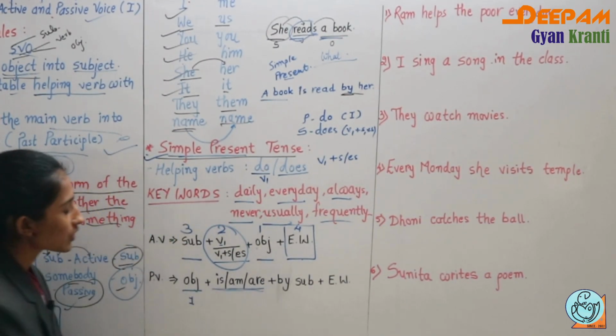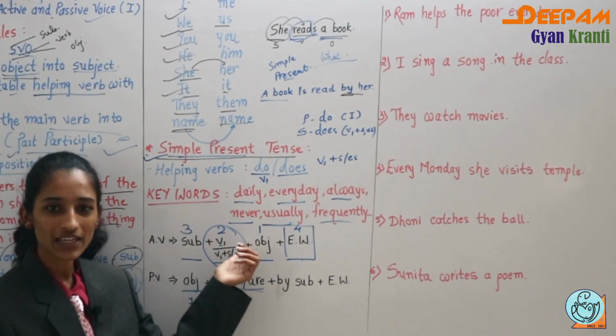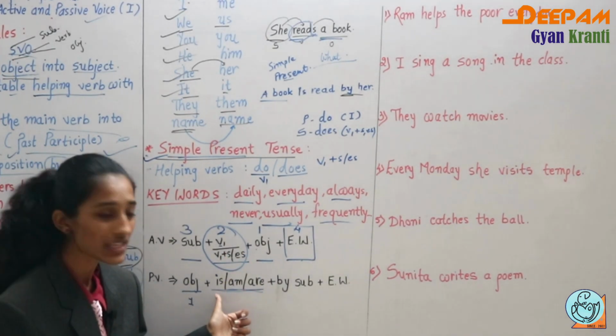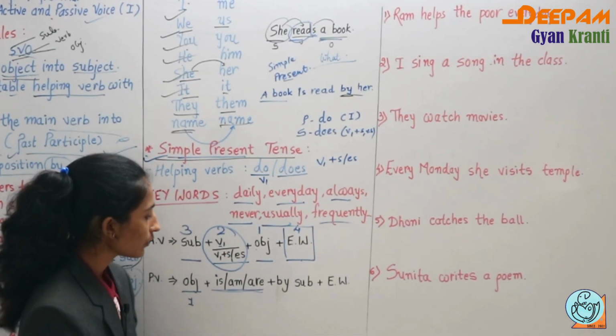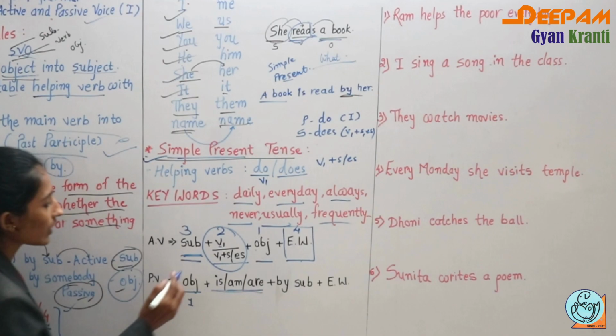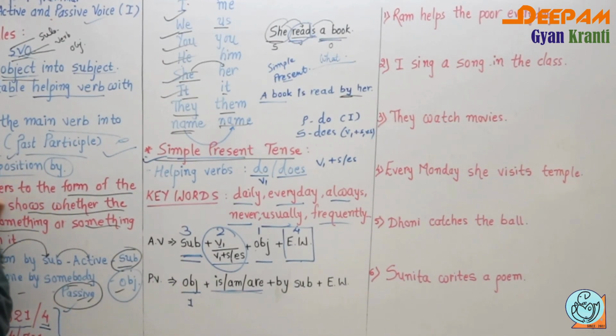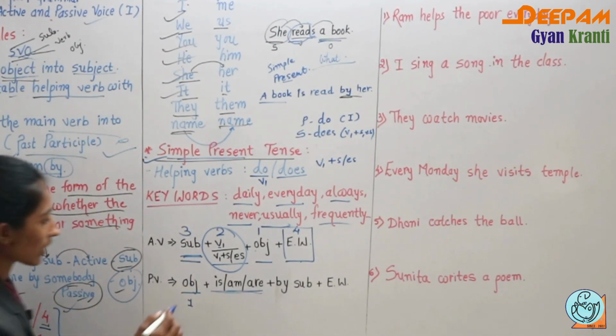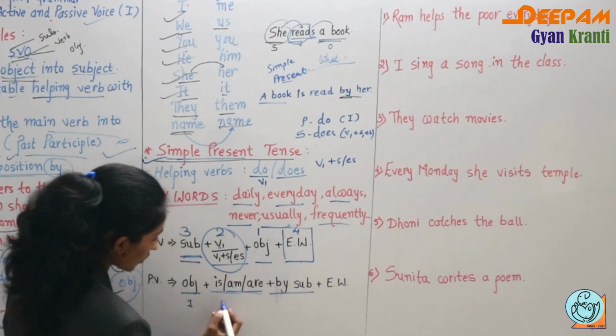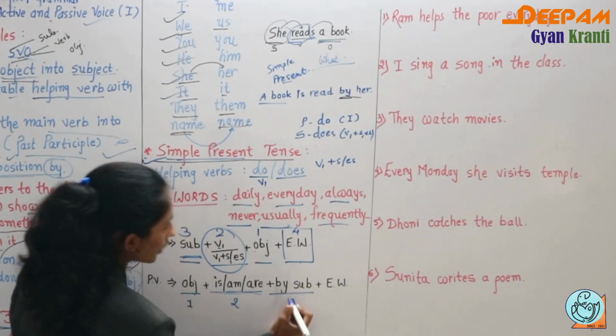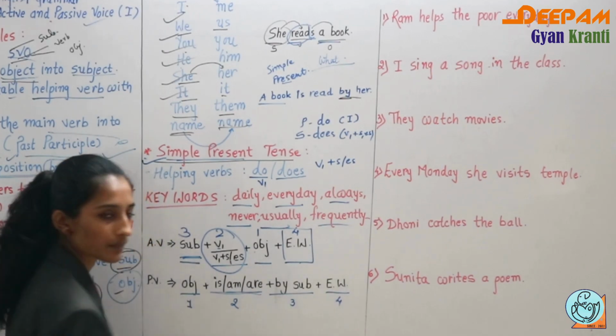Okay, so you change this V1, the main verb, or S/ES, into is, am and are. Then what you have to do? Subject. But we have discussed that you have to use the preposition by with the subject. So by plus subject. So see, number 2, number 3, and 4 number in last.